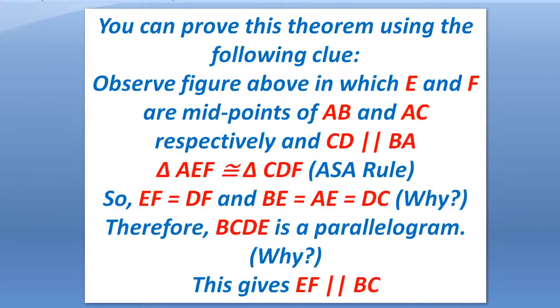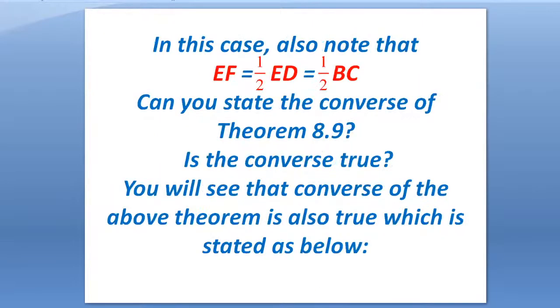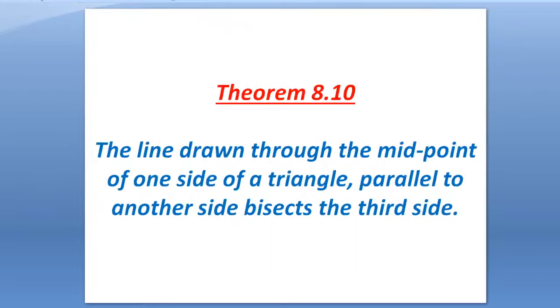Okay, now the converse is also true, and the converse is stated as theorem number 8.10: the line drawn through the midpoint of one side of a triangle parallel to another side bisects the third side.